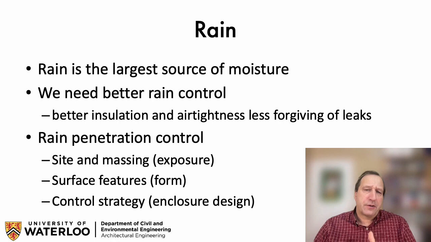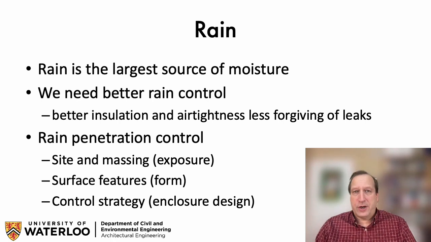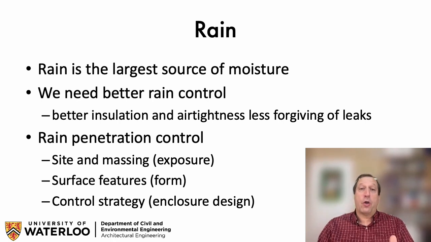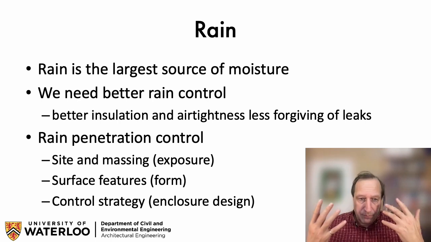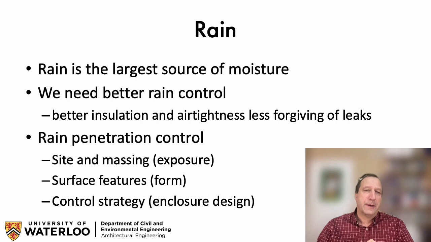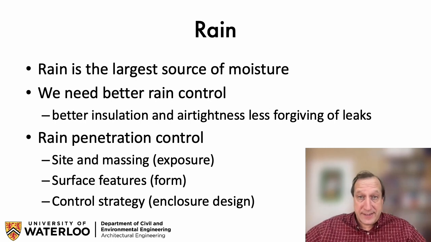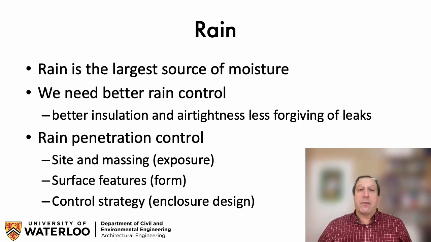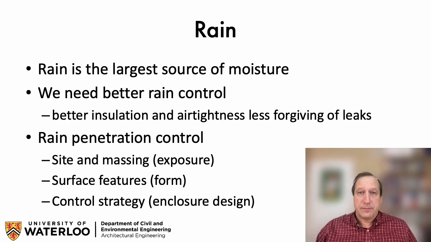Now we're going to start dealing with rain penetration control and enclosure walls by looking at site and massing, which deals with exposure. Then we're going to look at surface features. And then finally, we're going to look at the actual enclosure design itself. And we're going to do that with the help of a mnemonic called the 3Ds.